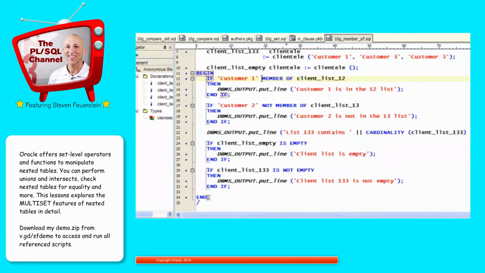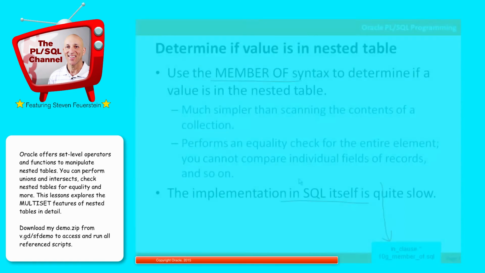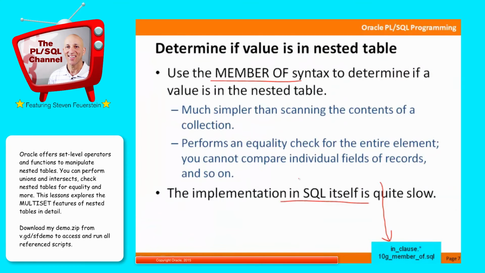Member of being the most important. The rest of them, cardinality, is empty, is not empty, are pretty much conveniences, but nice to have as well. So again, if you need to just know quickly if inside your PL/SQL code a value is inside a collection of that type, so if it's a list of strings, a list of numbers, list of dates, then use the member of syntax.